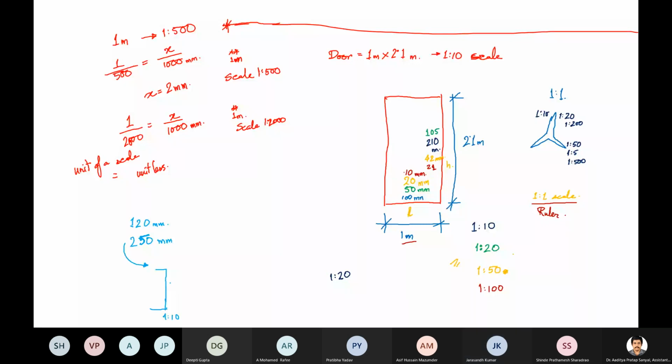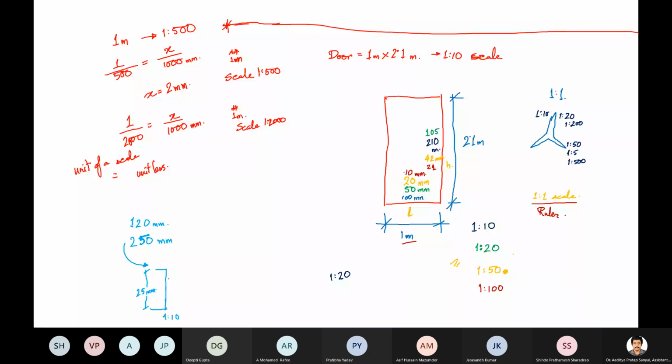So that is actually 1:10, whereas on your regular scale this would appear as 25 mm, while the actual measurement is 250 mm.